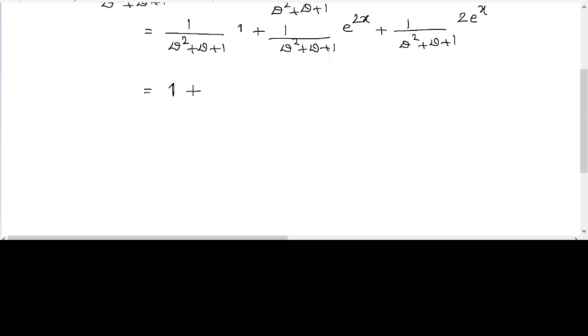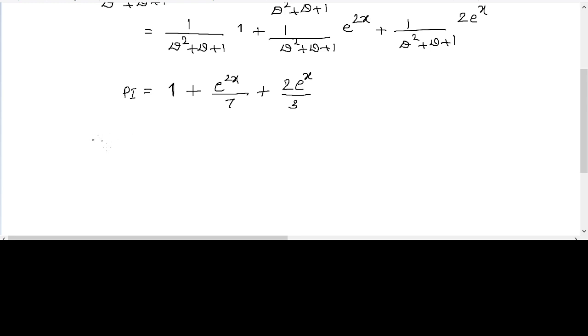Okay. So by replacing D by a, D square by a square, we are going to get e power 2x upon 2 square, that is 4, plus 2 plus 1, we get 7. In the third term, D is replaced by a, where a is 1, we get 1 plus 1 plus 1, 3. So this is what we get for the value of the particular integral.